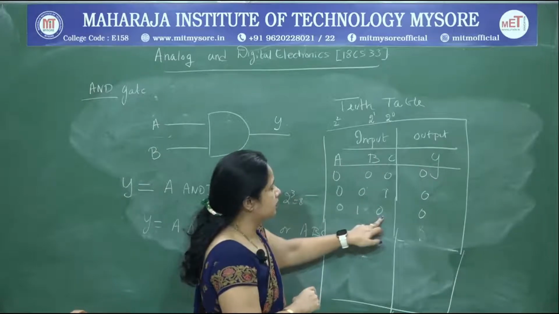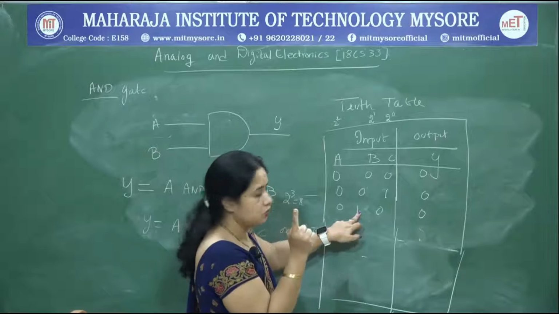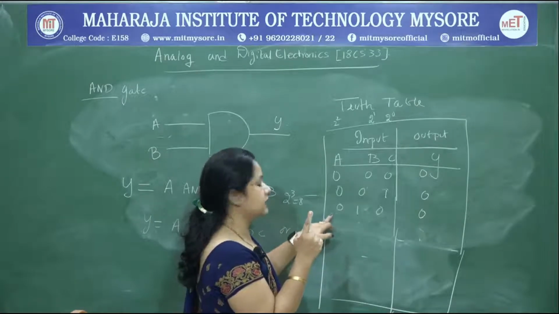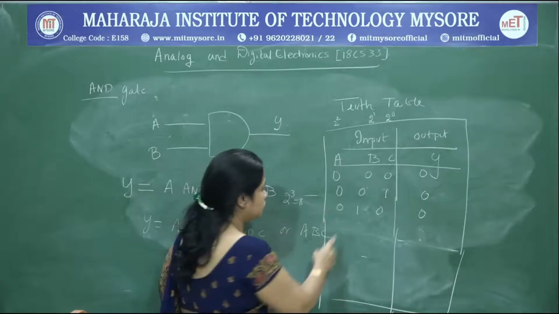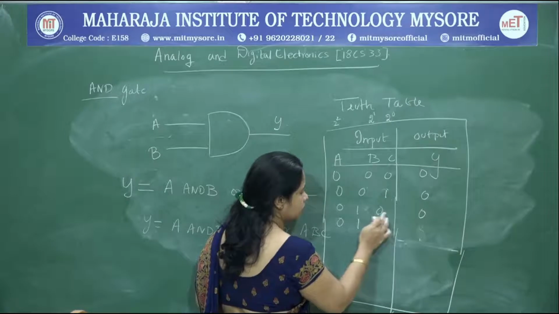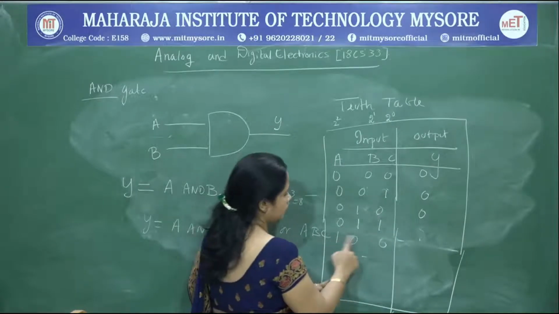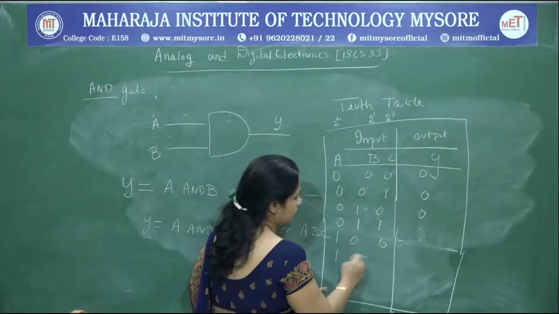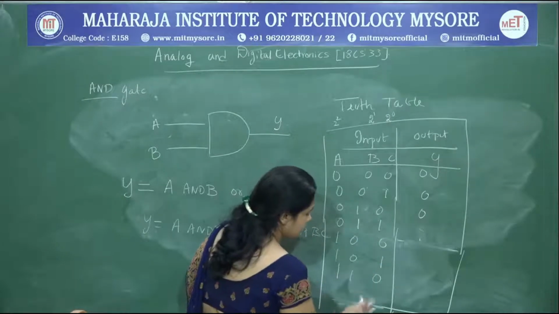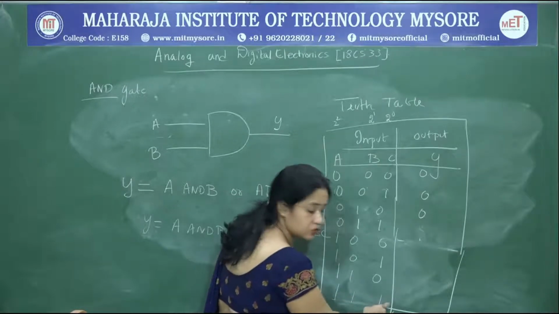So this indicates 1, this indicates 2, and this indicates 4. So 0 1 1 is 3, 1 0 0 is 4, 1 0 1 is 4 plus 1, 5, 1 1 0 is 4 plus 2, 6, 1 1 1 is 6 plus 1, 7.